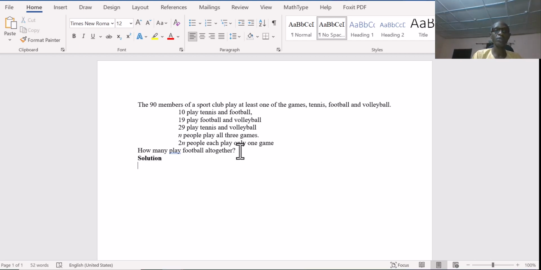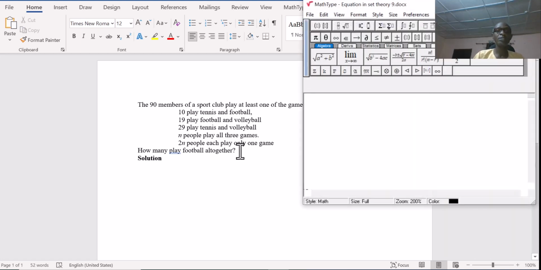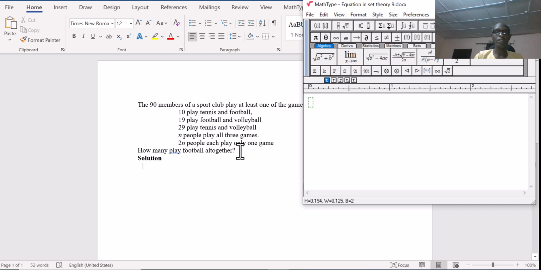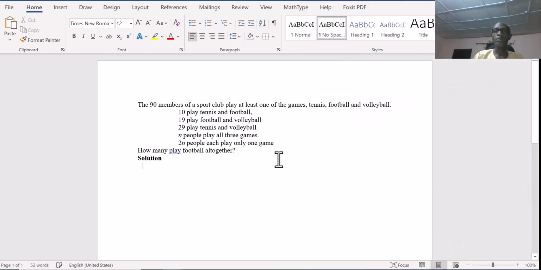So I'm going to start now. The first one says 90 members of a sports club play at least one of the games, so we need to put that in notation. Let T represent those who play tennis.